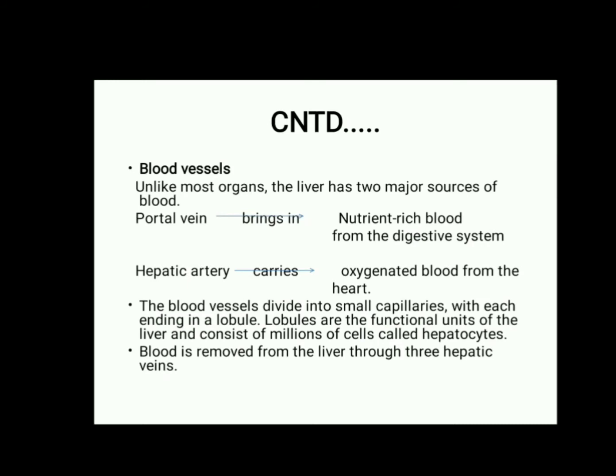These blood vessels divide into small capillaries, with each ending in the lobule. These lobules are the functional unit of the liver and consist of millions of cells called hepatocytes. Blood is removed from the liver through three hepatic veins.